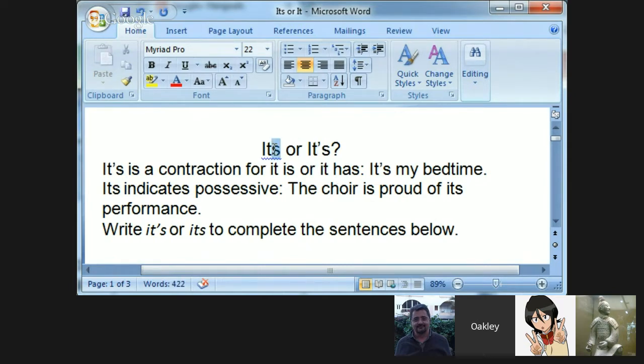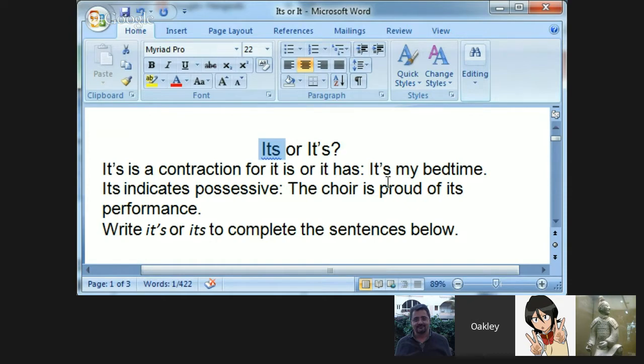The first its is the possessive pronoun for a thing which is not a human. For example, a lizard is a small green animal. Its tail is very long. I'm using its as a pronoun, but I'm talking about the lizard's tail.